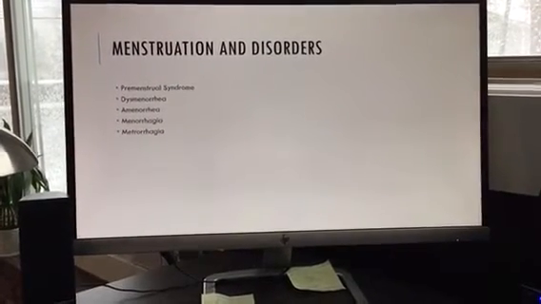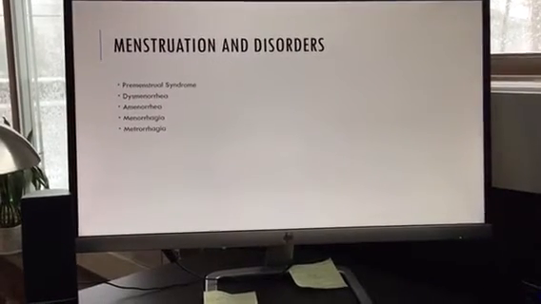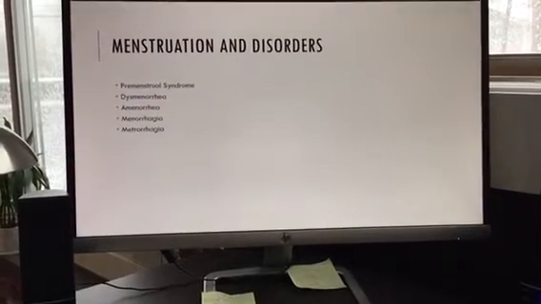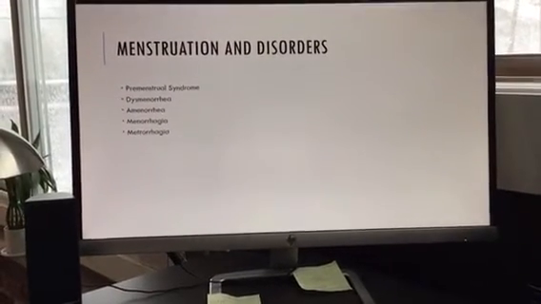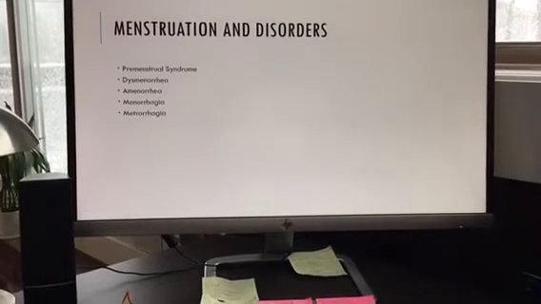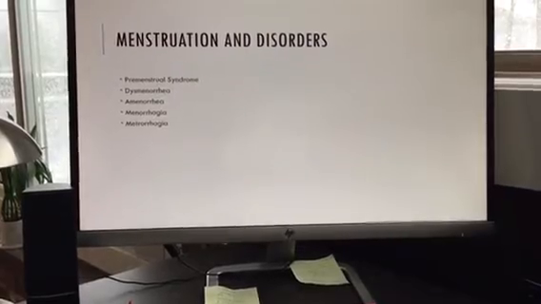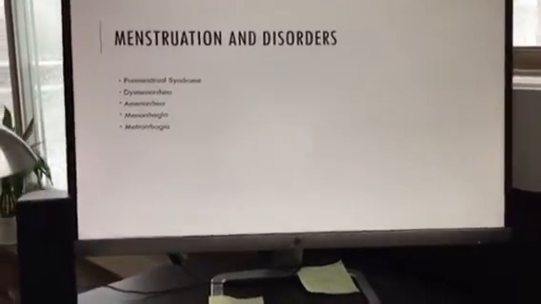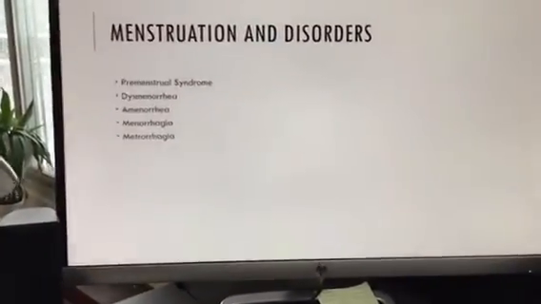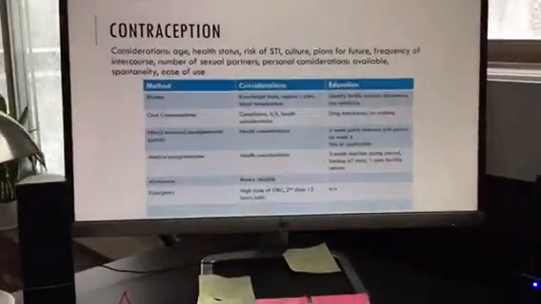We sometimes see this in young women who are intensely training for different sports that they might participate in. Menorrhagia is excessive bleeding, so more than normal. And metrorrhagia is bleeding in between, or abnormal bleeding between menses. So those are some of the different disorders that we might see when it comes to the menstrual cycle.